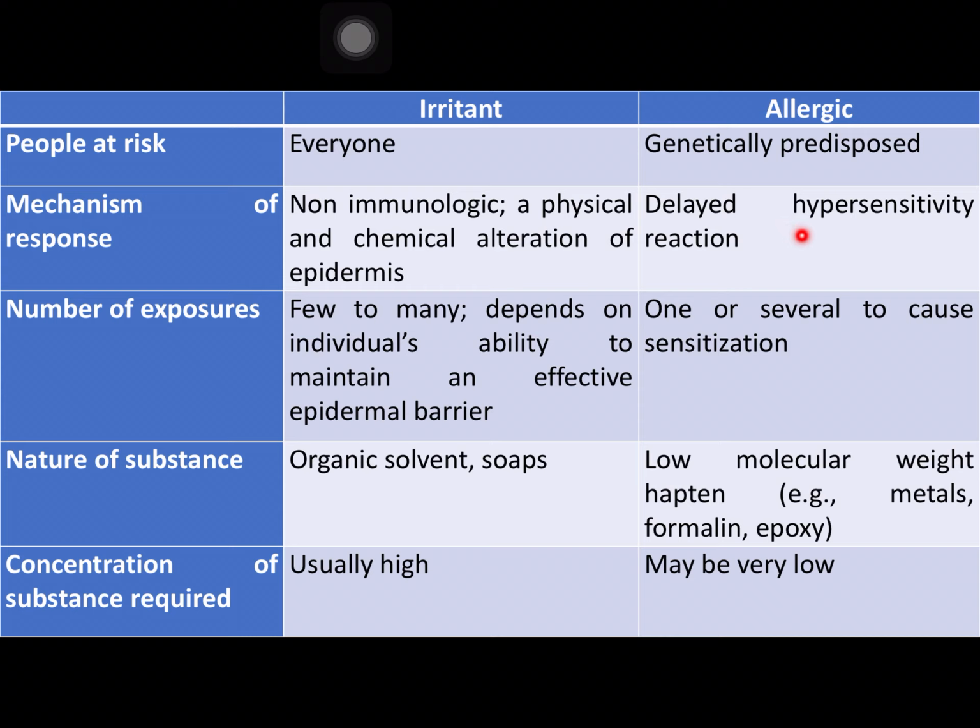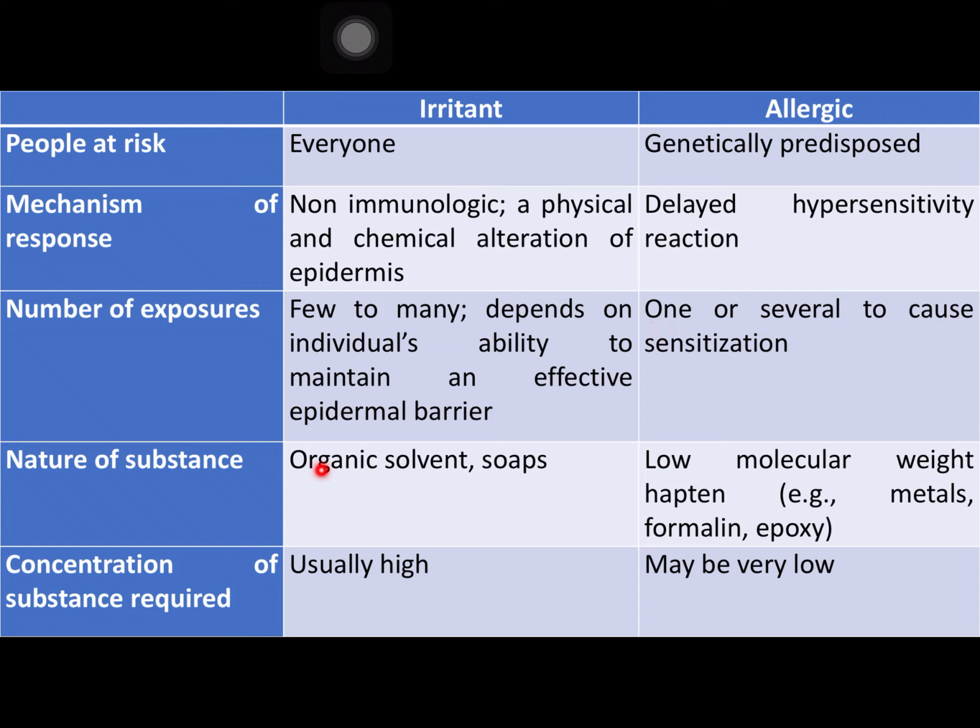Number of exposures: we need a few to many, sometimes a few, sometimes many, as I said, depending on three factors: length of exposure, concentration of the substance, and patient ability. Allergic may need one or several contacts to cause sensitization, and sometimes the first exposure may lead to induction of allergy.